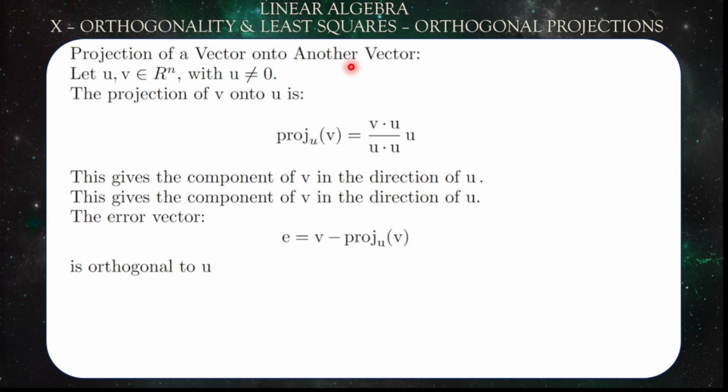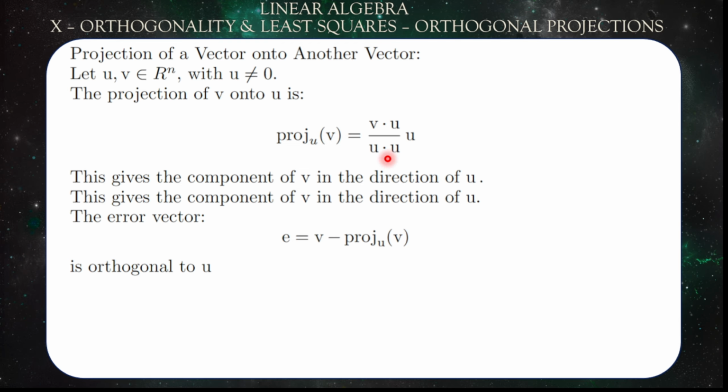Projection of a vector onto another vector. Let u and v be two vectors in Rn with u different than 0. The projection of v onto u is the following: v dot u divided by u dot u, multiplied by the u vector.